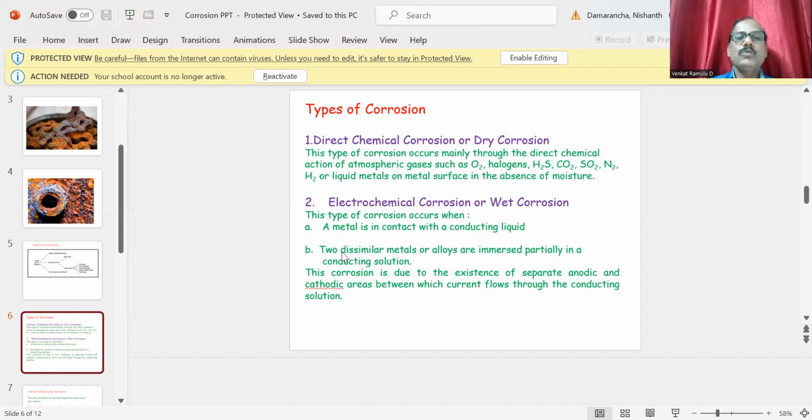Similarly, when two dissimilar metals or alloys are immersed partially in a conducting liquid, then also we can expect wet corrosion. This wet corrosion always arises by the development of anodic and cathodic parts on the metal surface.